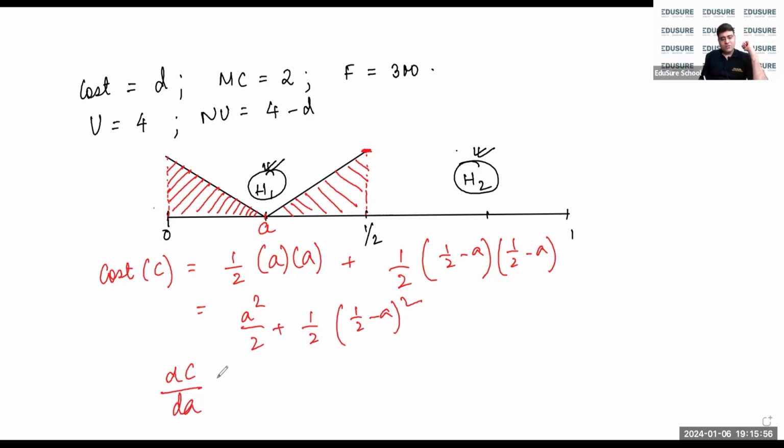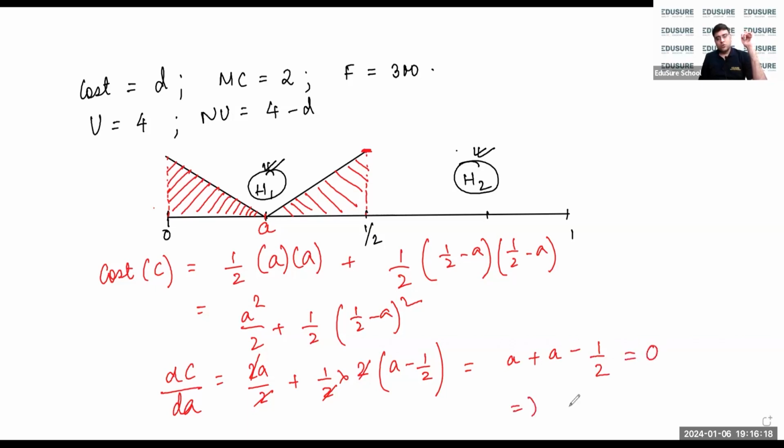I need to minimize, so I do dC/dA. So 2A is equal to half, A is equal to 1 by 4.